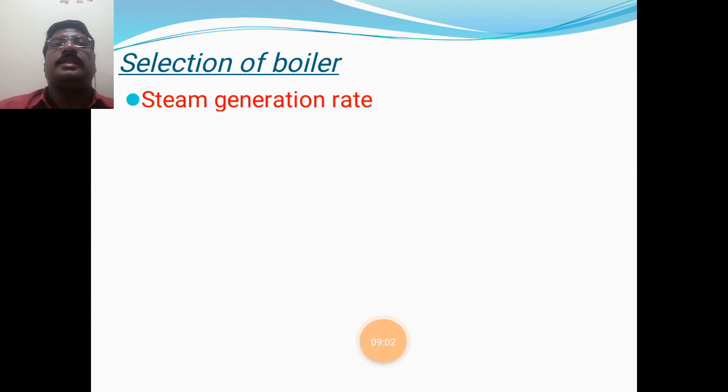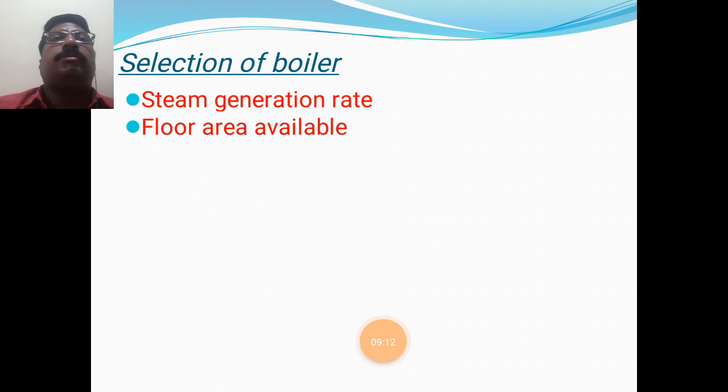We have certain things to consider in the selection of a boiler. The first one is the steam generation rate, that is, the production rate of steam in the boiler. Next, floor area availability; based on that we select a boiler.